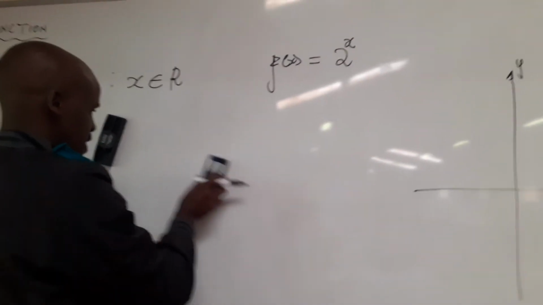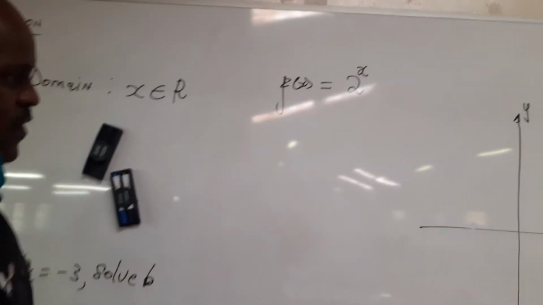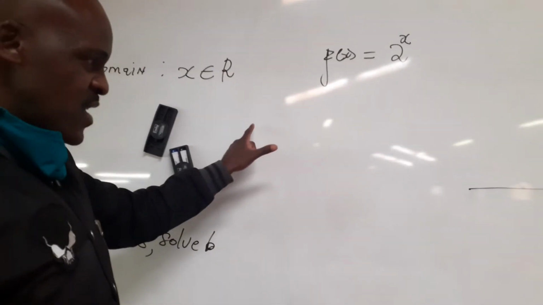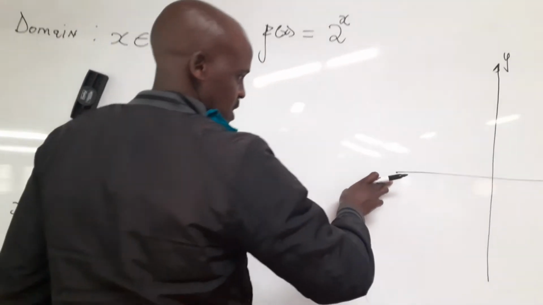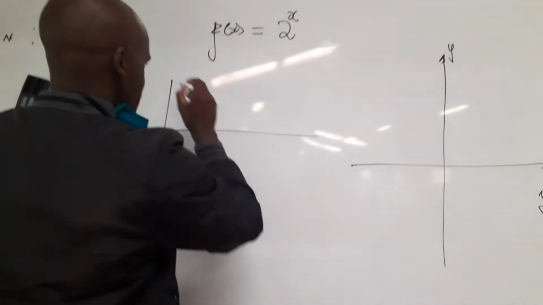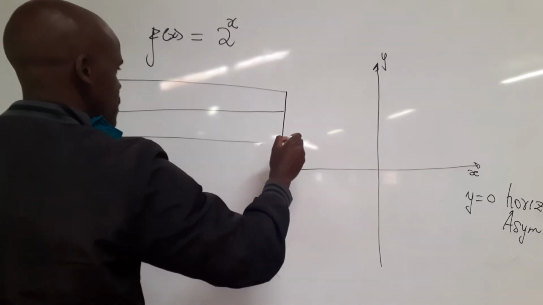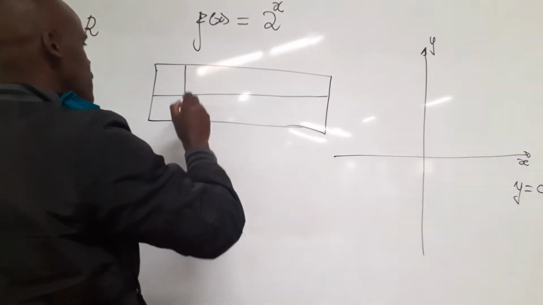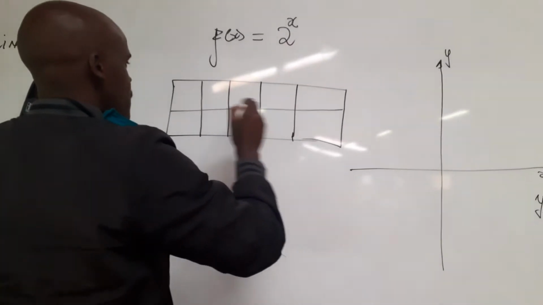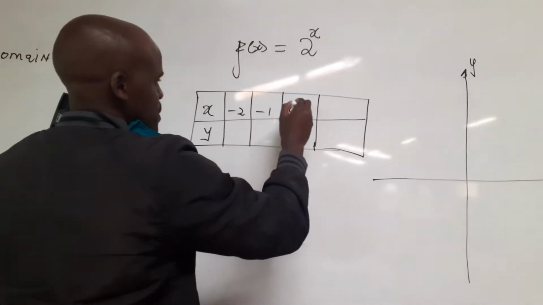In order to sketch an exponential function, we find the y-intercept and the x-intercept as usual, and then we indicate the asymptote. Our asymptote, obviously, is the x-axis. Therefore, let's find the other points. It's -2, -1, 0, 1.